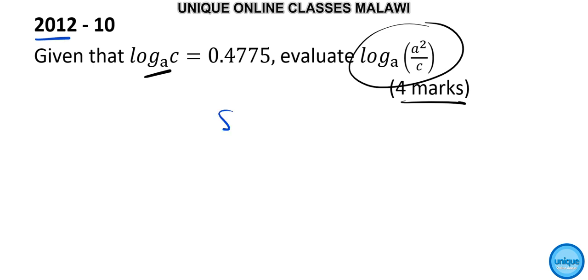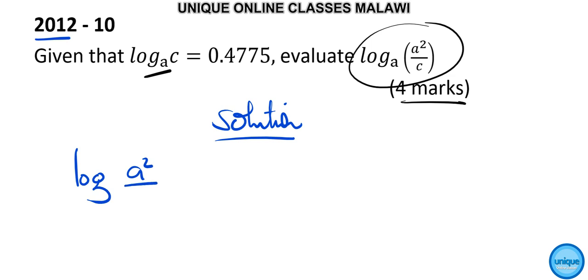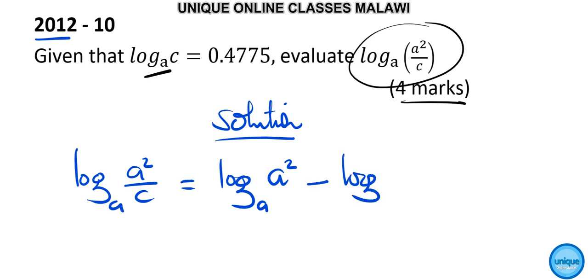So we should apply laws of logarithm. We have log of a squared over c base a, which we separate by subtracting, so it will be log of a squared base a minus log of c base a.